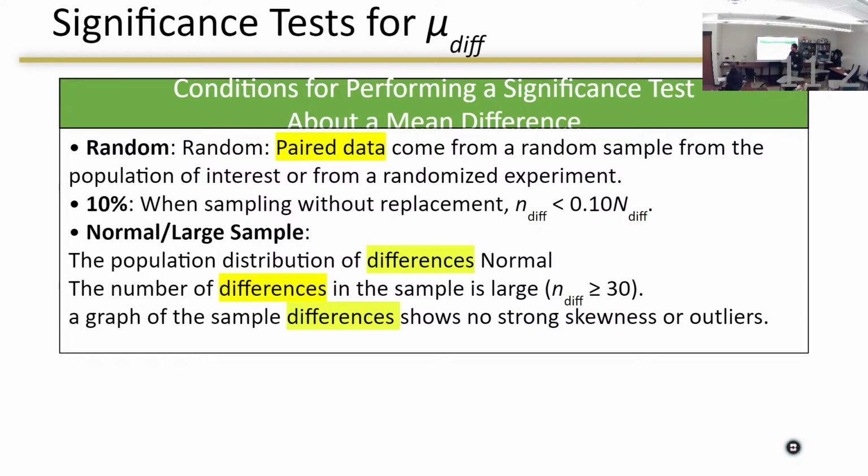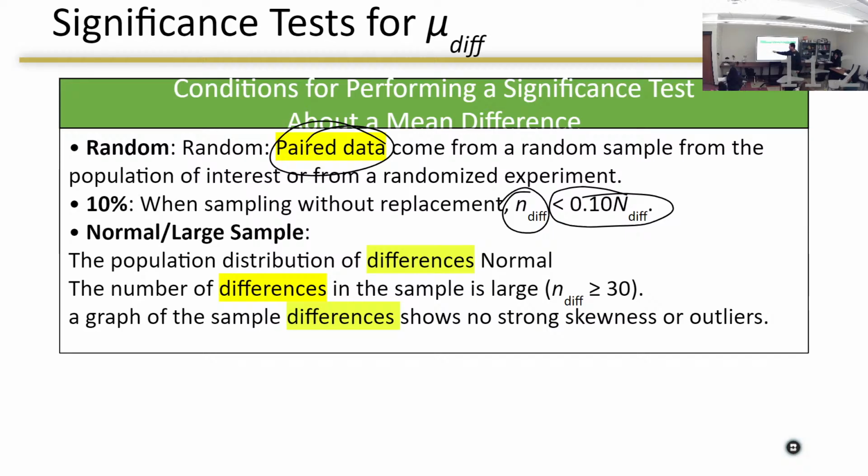When you do your conditions, just talk about it being paired. The paired data came from an SRS. The paired data was randomly assigned. The differences in the pairs are less than 10% of all pairs.